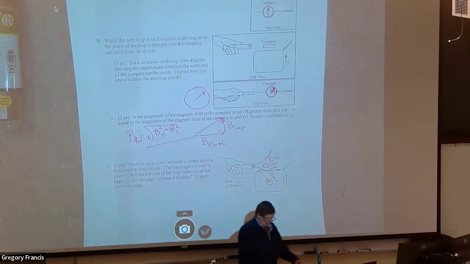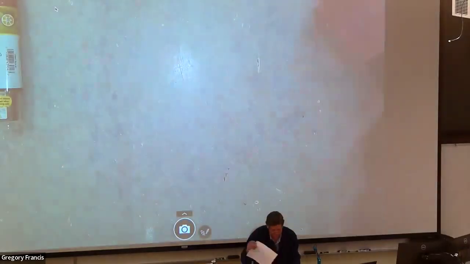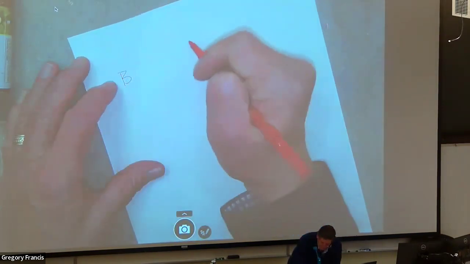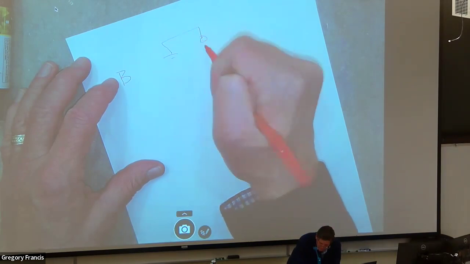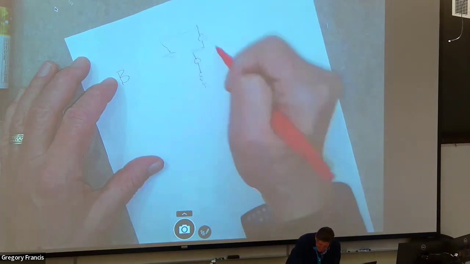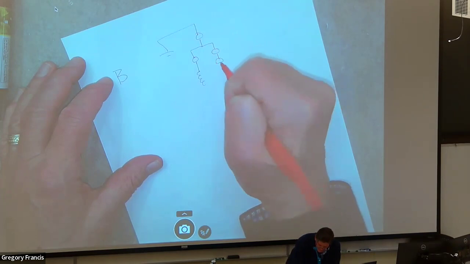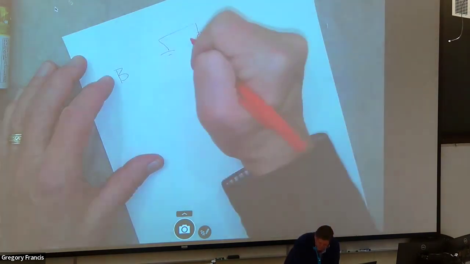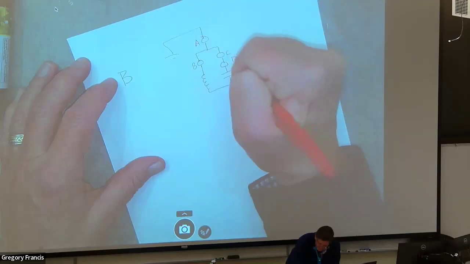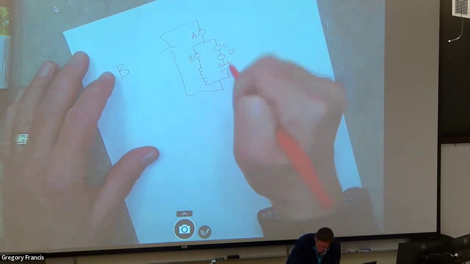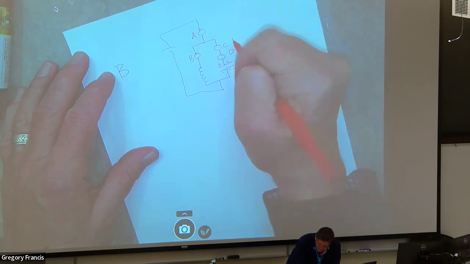This, of course, is from that homework. In part B, because this capacitor was full and was acting like an open switch, these guys are dark and they're 0 volts.